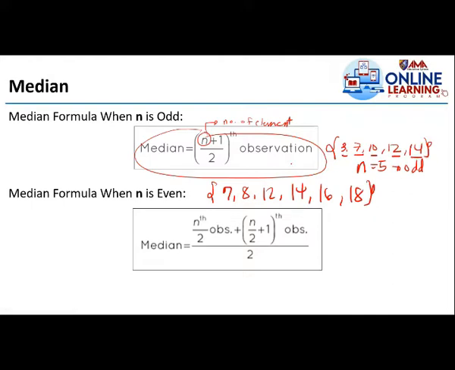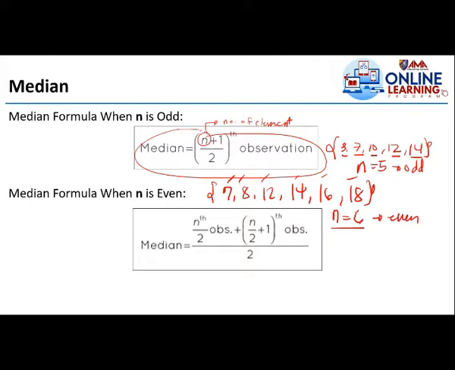Okay. Now, if the n is even, let's count the number of elements. 1, 2, 3, 4, 5, 6. So therefore, our n here is 6, meaning even.